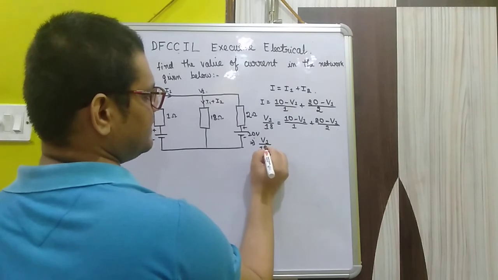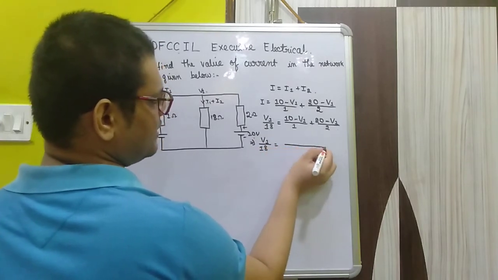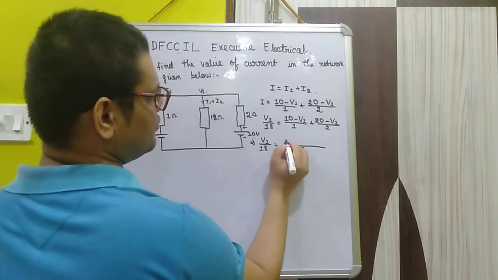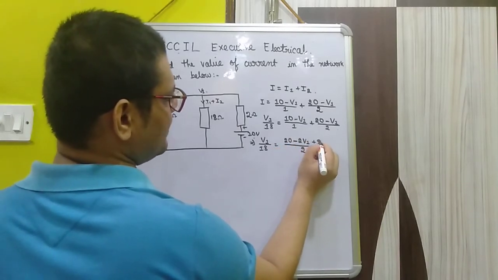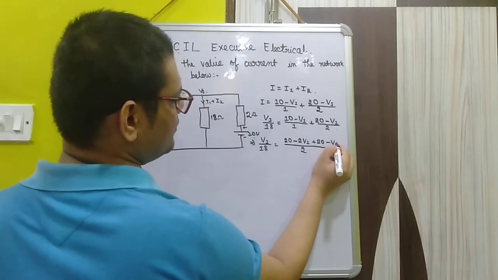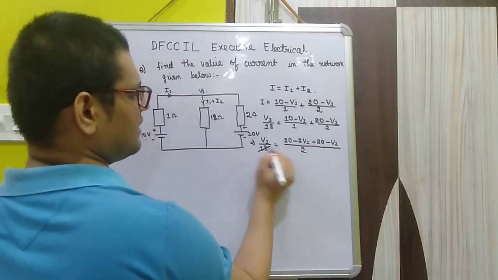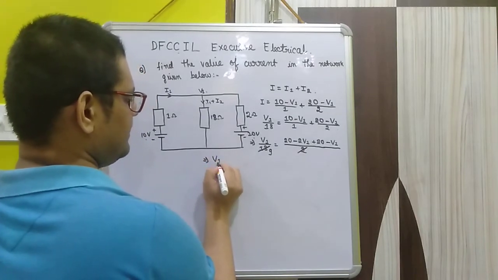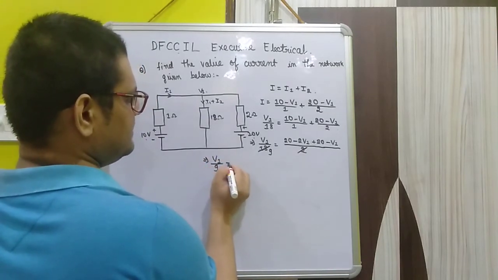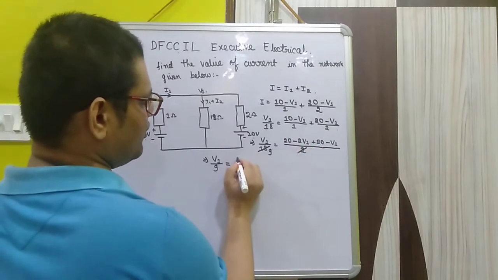V1 by 18, we take 2 as the common term in the denominator. This will be 20 minus 2 V1 plus 20 minus V1. We cut this out, it will be 9. So it will be V1 divided by 9 is equal to, this 20 will be 40.